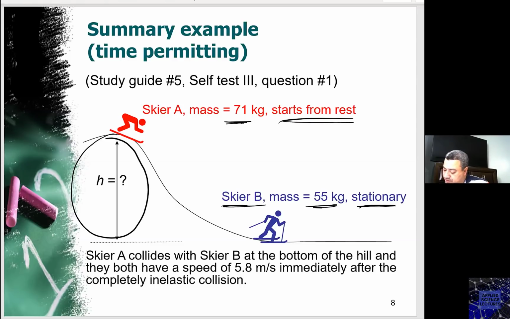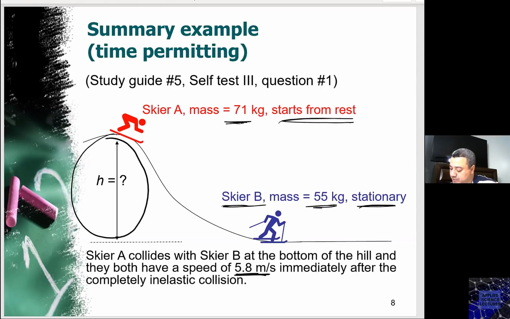Once they collide, they become completely inelastic in their collision, which means they will become one mass, and they will go with a speed of 5.8 meters per second. So once we see a collision, this means we will be using the conservation of momentum. So the problem would be formulated this way to calculate the height.